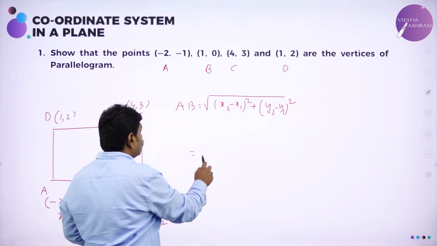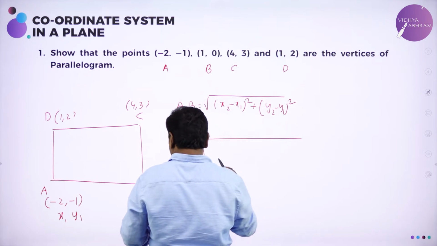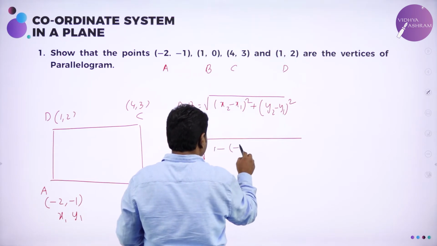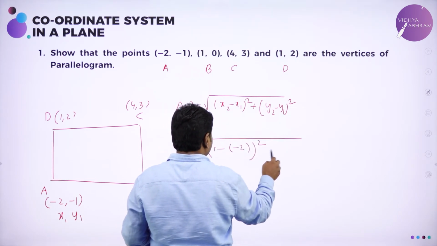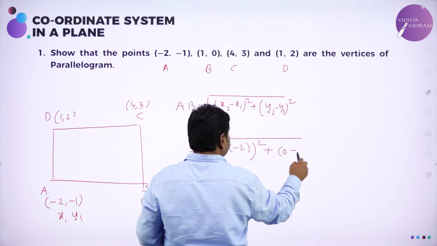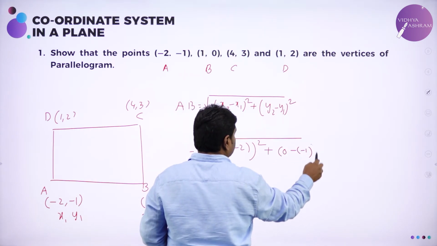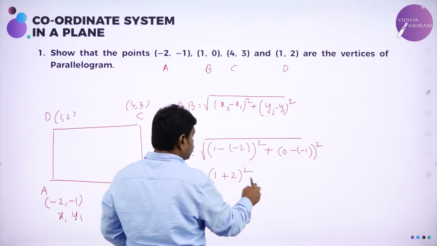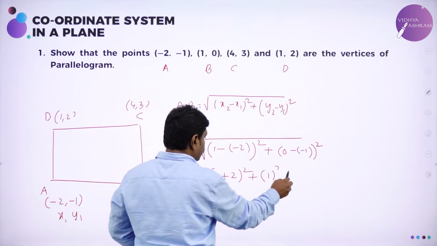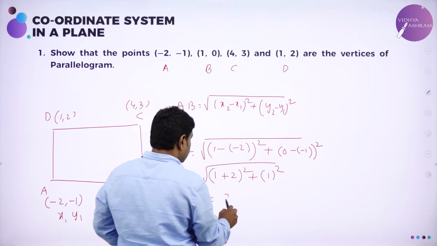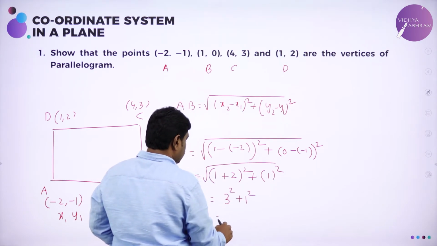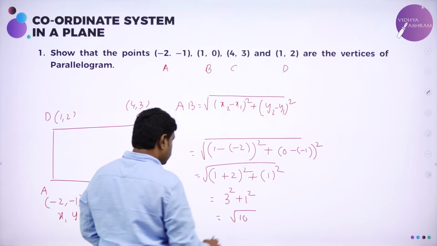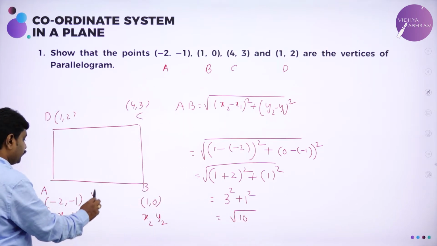When you substitute, what is x2 minus x1? 1 minus (-2) the whole square plus y2 minus y1, 0 minus (-1) the whole square. Simplify this: (1 plus 2) the whole square, (0 plus 1), 1 square, so 3 square plus 1 square, root of 9 plus 1, root 10. So you got one length, root 10.